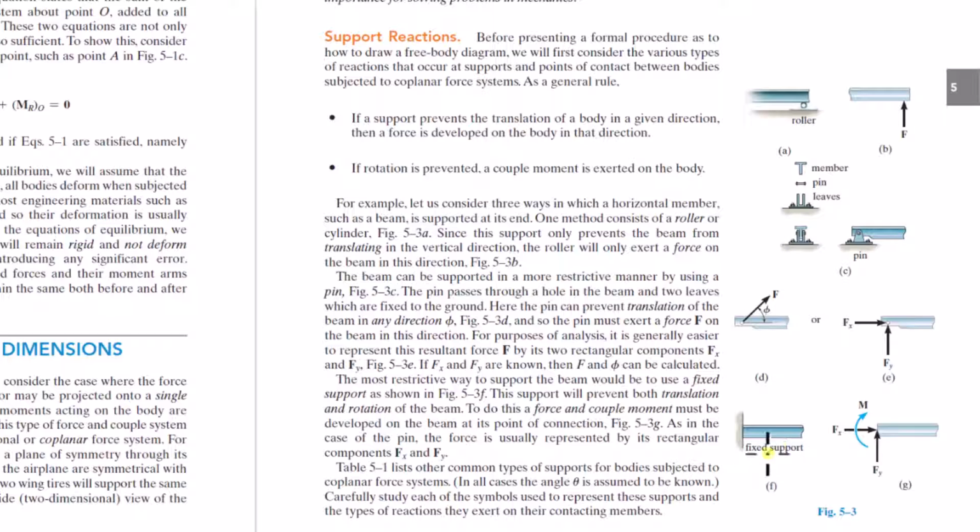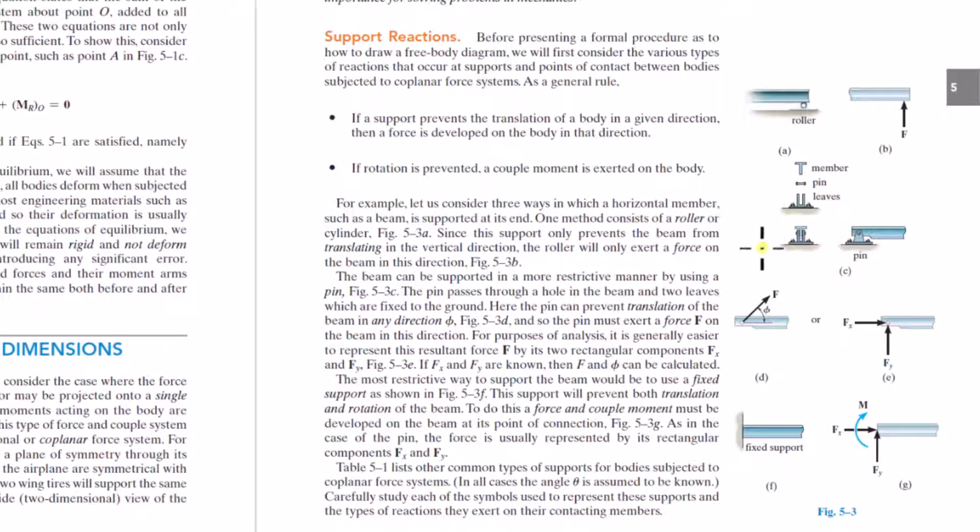And a fixed support is going to prevent translation in all directions, so you'll have Fx, Fy, Fz, and rotation, so you'll have Mx, My, Mz. Here you have Fx, Fy, Fz. Here, Mx, My, Mz, Fx, Fy, Fz. And here only like Fx or Fy and not Fz or something like that. You'll have at least one degree of freedom that the component is not constrained in.